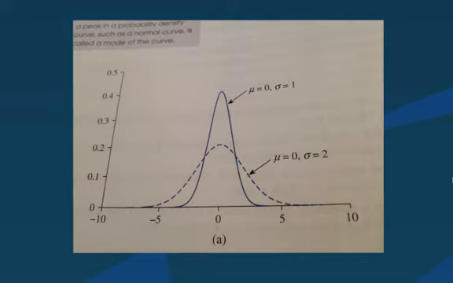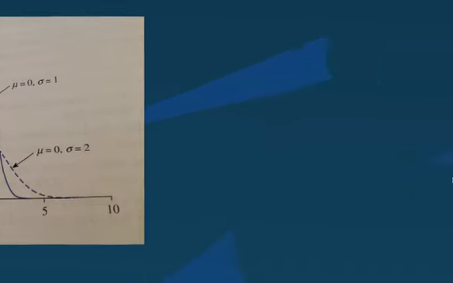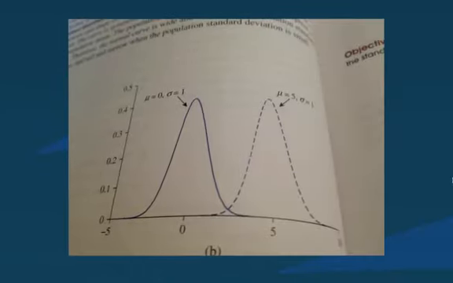This is the little symbol for mean. But one of the curves has a wider range and a wider degree of variation. So one curve has a standard deviation of 2, the smaller one, and the other one has a standard deviation of 1.